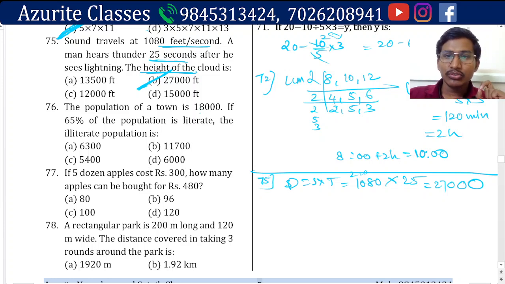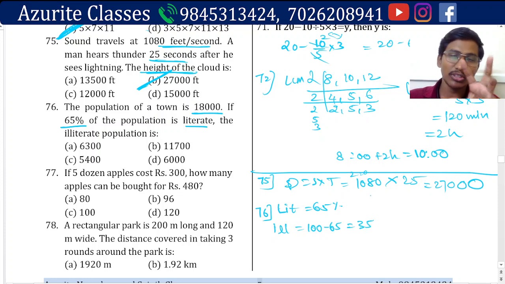Next, 76. The population of a town is 18,000. If 65% of the population is literate, then find the illiterate. Literate is 65%, so illiterate will be 100 minus 65, which is 35%. Total is 100, right?